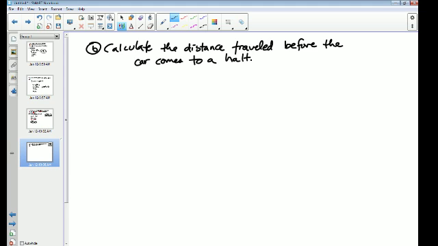There's a little bit to this question. Some things that might pop in your head: how long did the car travel? Do we know that? So what do we need to find? We need to calculate for how much time.